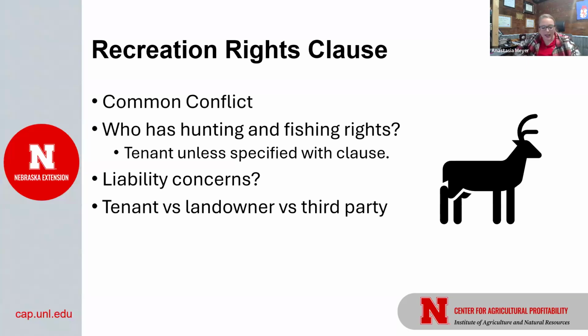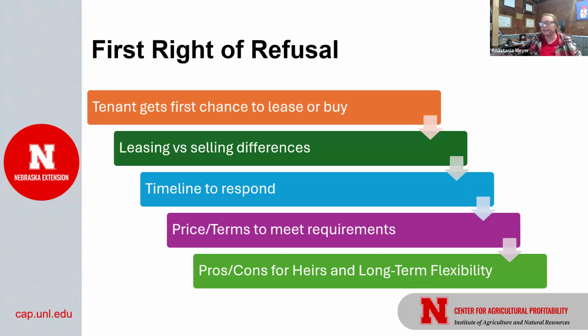Does that just mean the tenant and maybe their kids, or does that mean the tenant and five friends can hunt your piece of ground, right? How much do you want to give that tenant? Or do you want to keep all of those rights as a landowner? If you want to keep them, you have to have it written down in a lease.